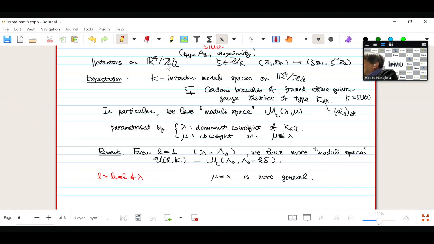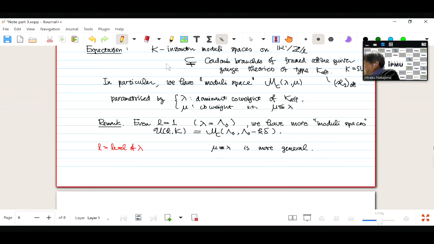That's the reason why we really need to assume type A. And the other cases seem to be much more difficult.